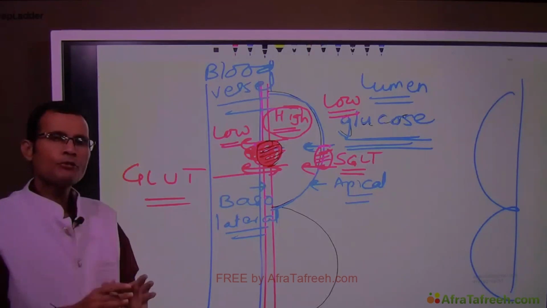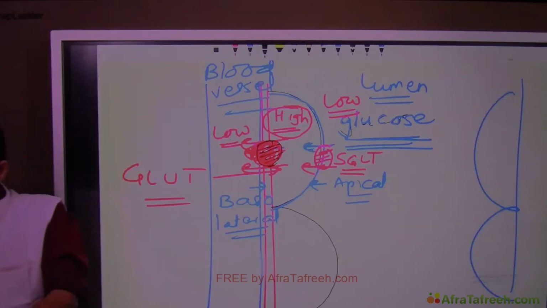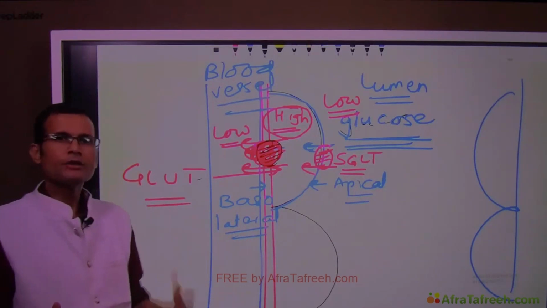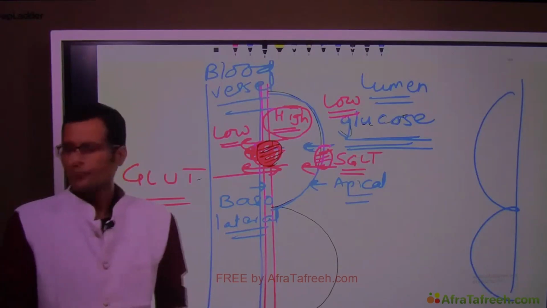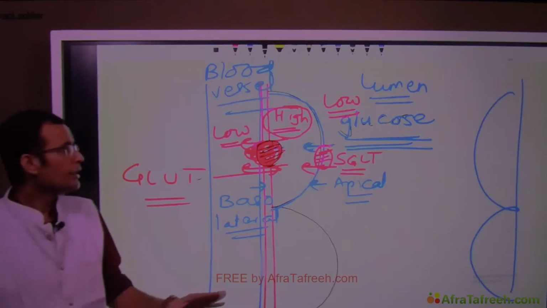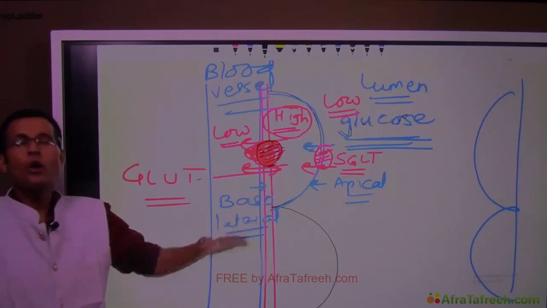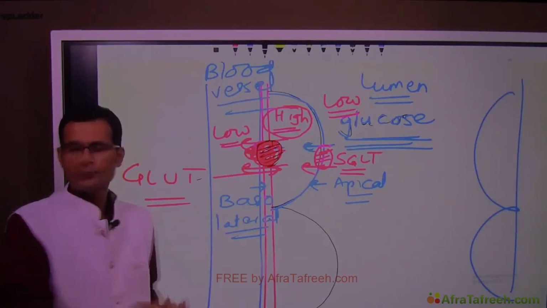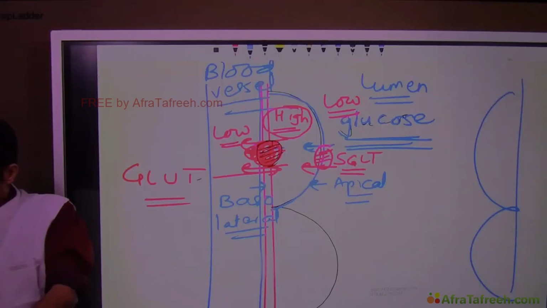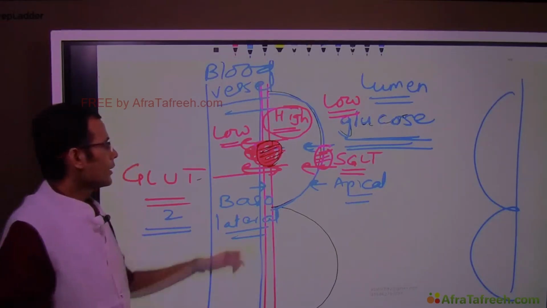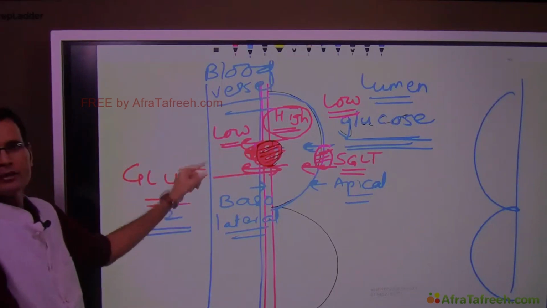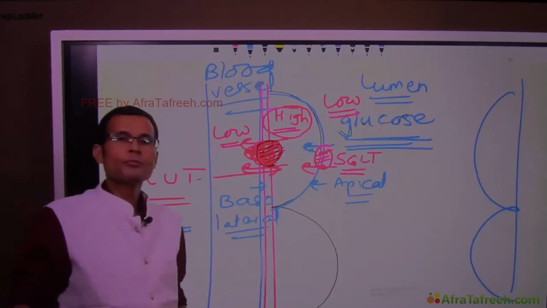Just remember one more fact here. GLUT has various types. GLUT 1, 2, 3, 4, 5 and so on. Particularly in GIT and kidney, or let's say whenever glucose has to leave the cell, it always uses GLUT2. Please remember, here the glucose is leaving the cell and going into the blood vessel, it will use GLUT2.